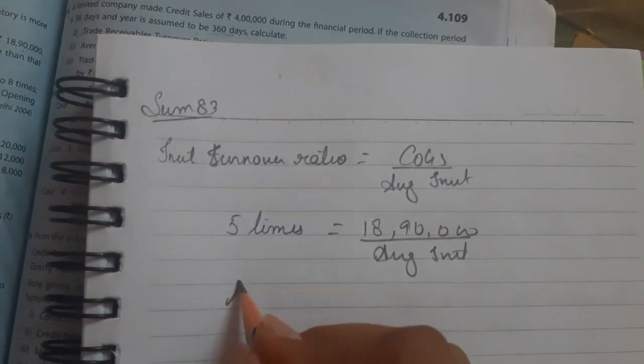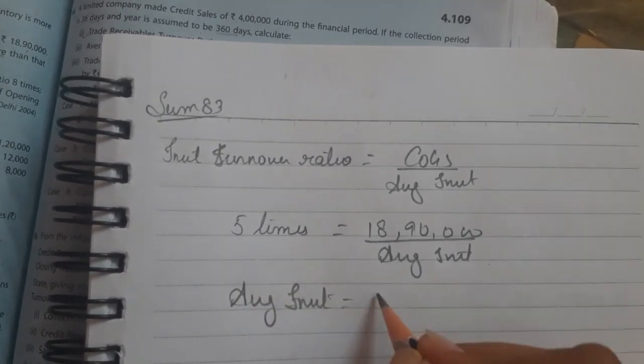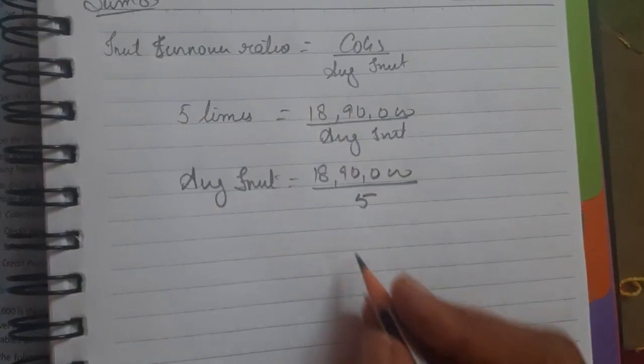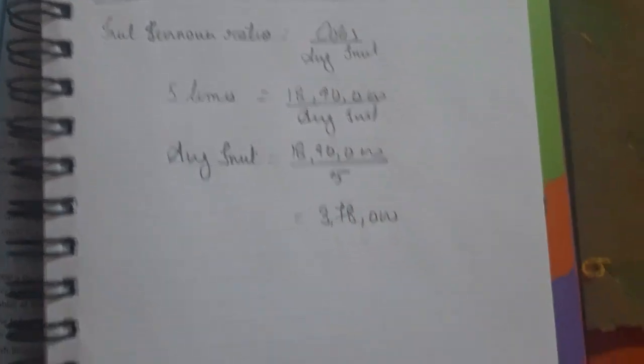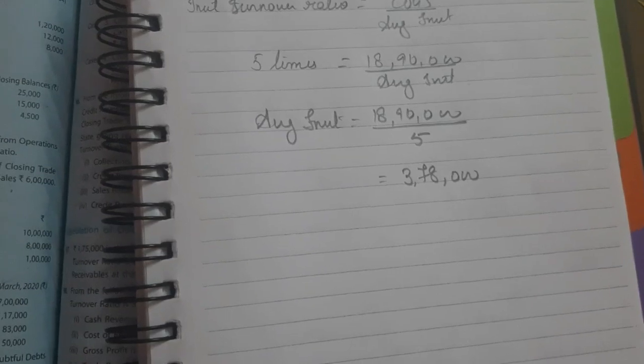Now average inventory will be 18,90,000 divided by 5. So you'll get it as 3,78,000. Now you have got this average inventory, and with this you can easily find out opening and closing inventory.